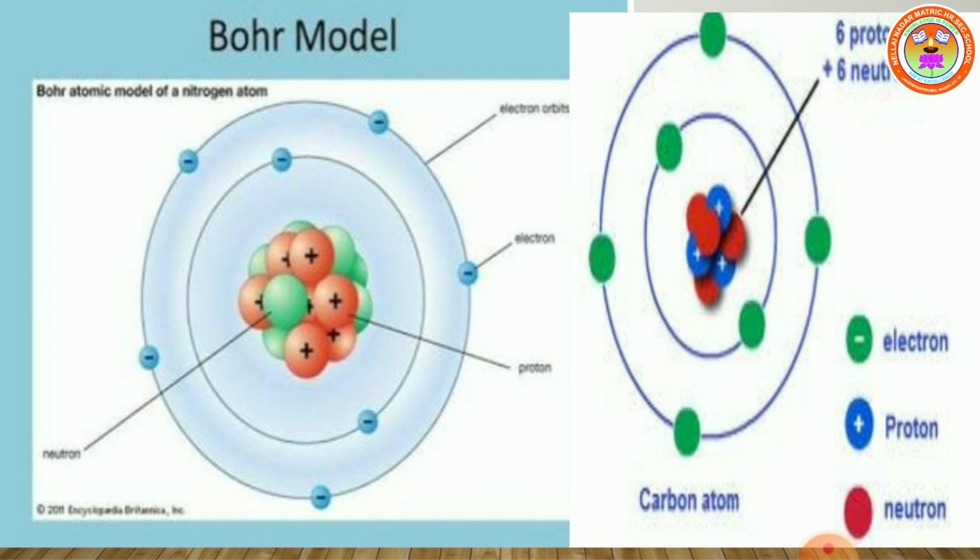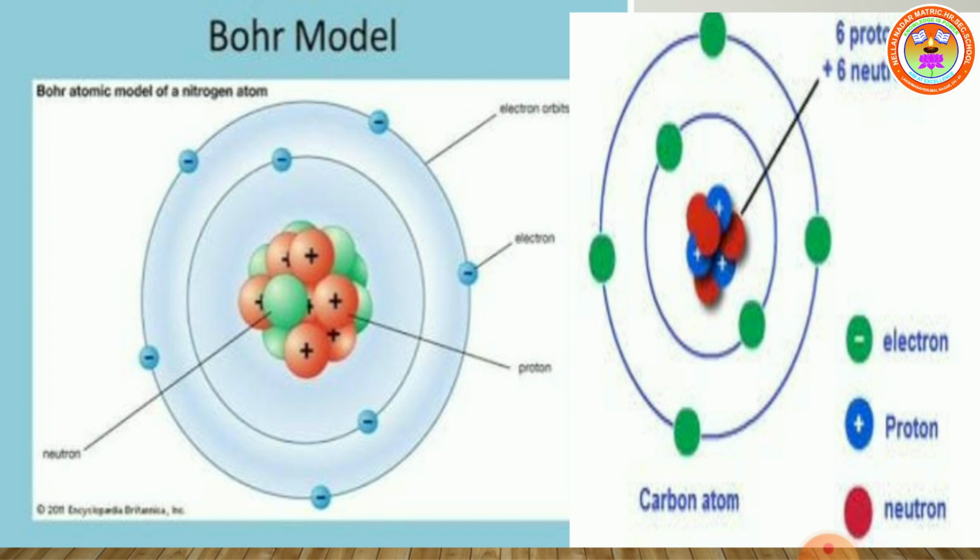In an atom, the number of protons and the number of electrons will be equal. There is a force of attraction between the protons in the nucleus and the electrons in the orbits.